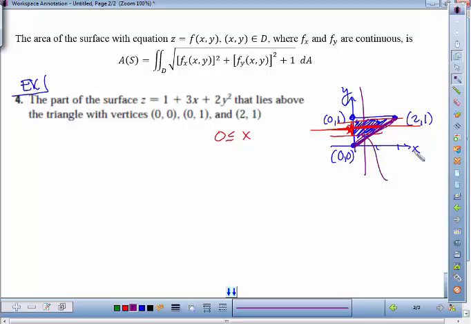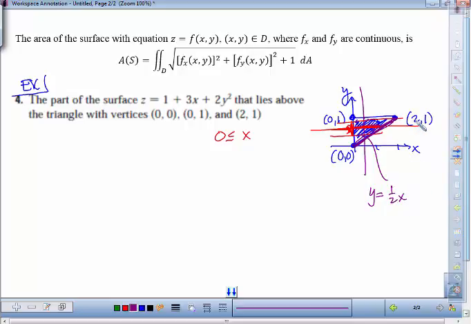The other thing we need to do is figure out what this line is equal to, and we could do that y equals mx plus b business if you want. So b is 0, that's the y-intercept, and the slope is rise over run, so 2 steps in the run and 1 in the rise, so that's 1/2. Or you can use the 2 points and find the slope.